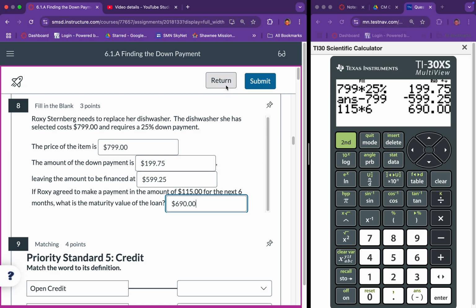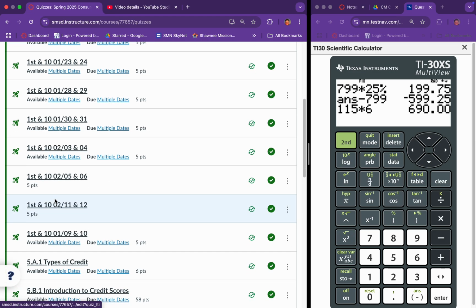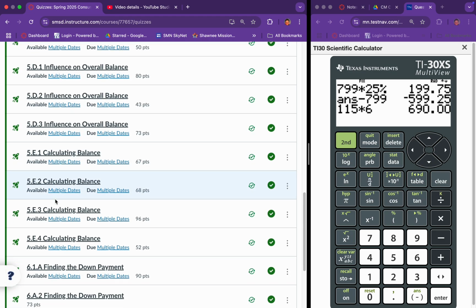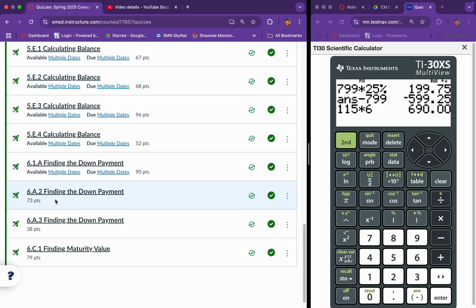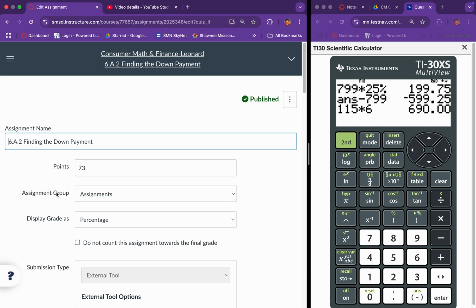Okay? There will be another one. That's 6-1A. Let's find another example. Anything after 6-1A. We'll do this one. I don't think that's the one I want. Sorry, friends.